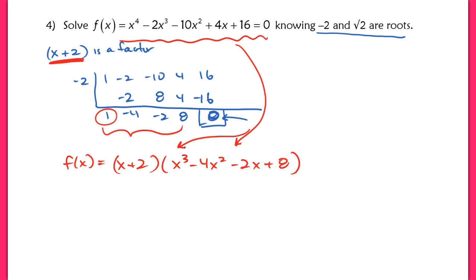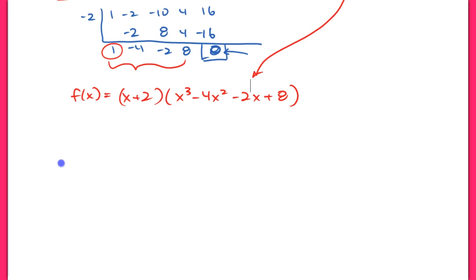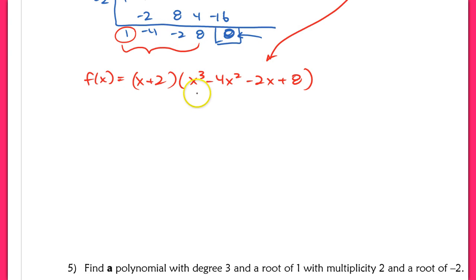Now, I'm going to do the same thing, knowing that the square root of 2 is another root of f of x. Obviously, it can't be a root of this polynomial, so it's got to be a root of this remaining polynomial. So now I do the same process. I should be able to split this up into x minus root 2 multiplied by some other polynomial as well.